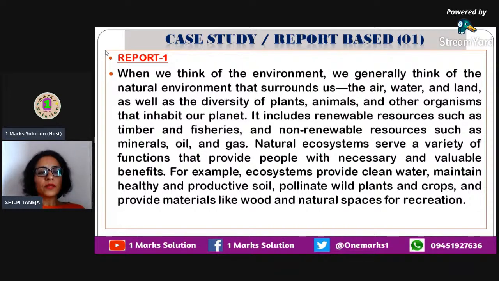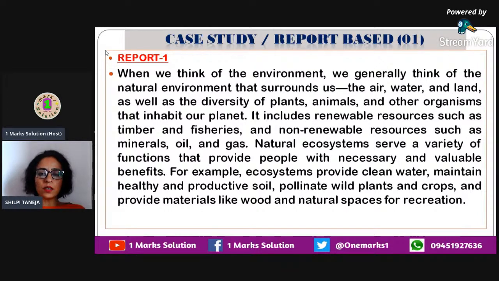Report 1 says when we think of the environment, we generally think of the natural environment that surrounds us, the air, water, and land, as well as the diversity of plants, animals, and other organisms that inhabit our planet. It includes renewable resources such as timber, fisheries, non-renewable resources such as minerals, oil, and gas.